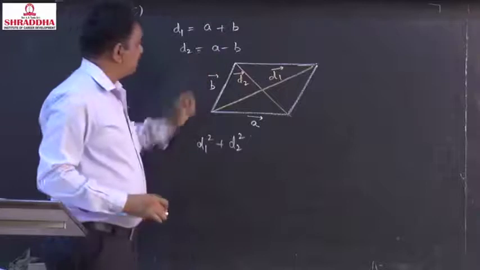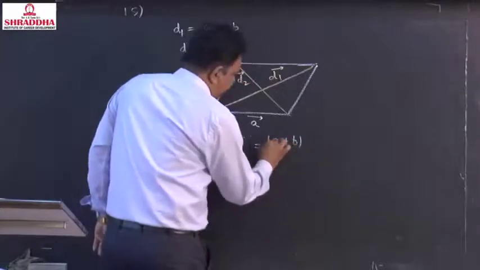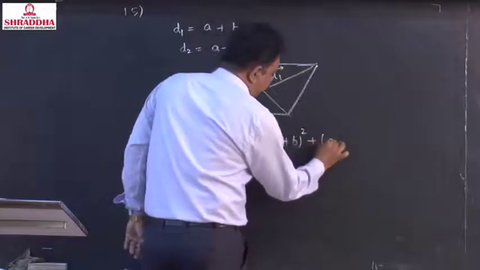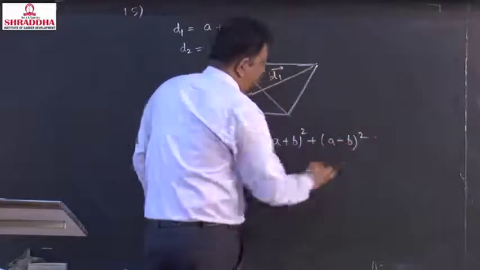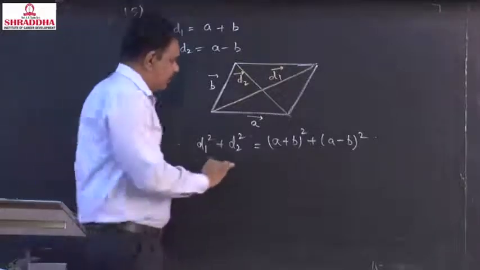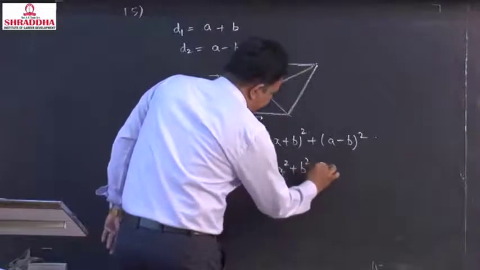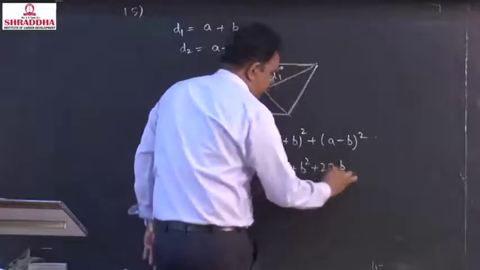If we square these two also, it is equal to (A plus B) whole square plus (A minus B) whole square. So this value is A square plus B square plus 2AB.